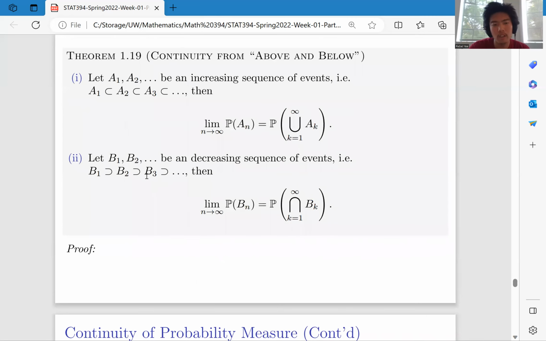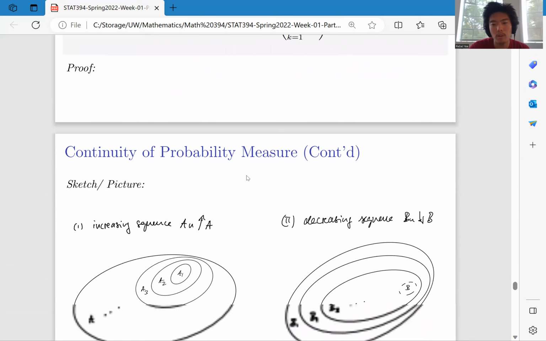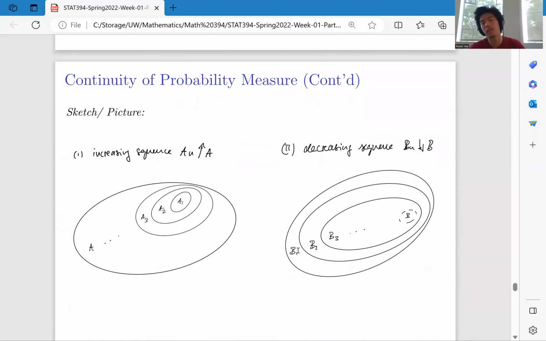And for the second property, the decreasing sequence of events, which means B1 is the largest set and B2 is a subset of B1. In this process, we describe that for any k belonging to the natural numbers, B(k plus 1) is a subset of Bk.